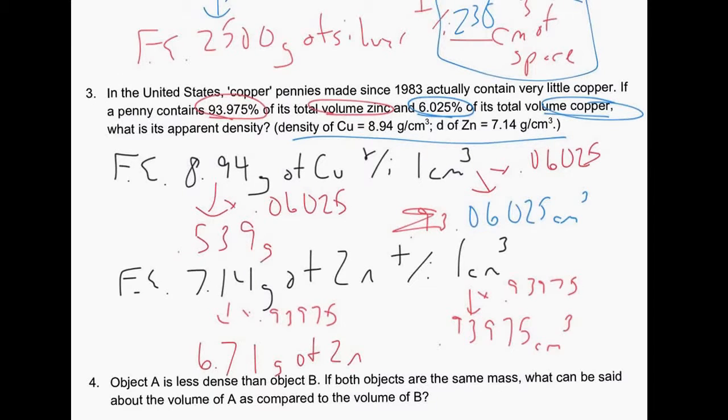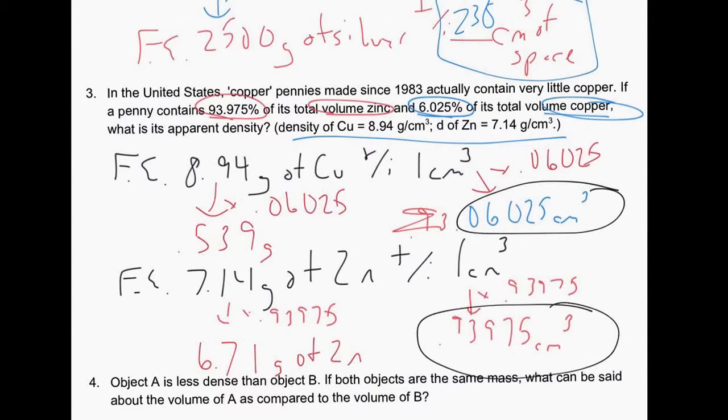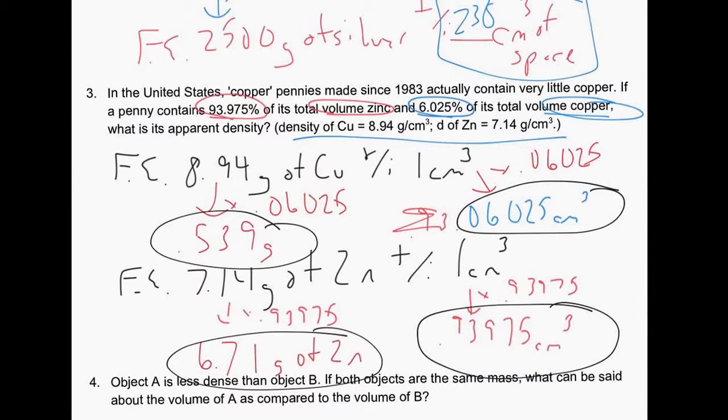And if you think about it this way, when we add these two values up, they are 1 centimeter cubed. So if I wanted to know how much those two as 1 centimeter cubed weighed, I just add these two up. So that's 6.71 plus 0.539, which is equal to 7.25, is the correct answer.